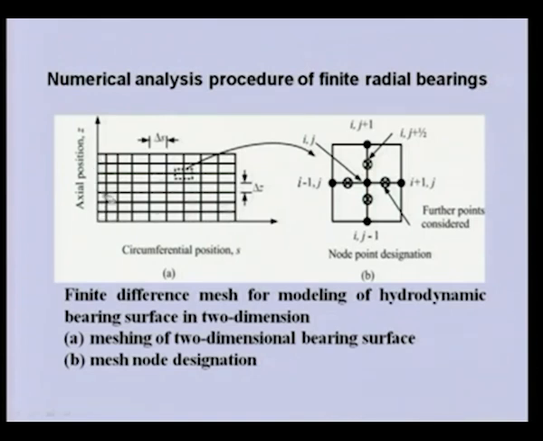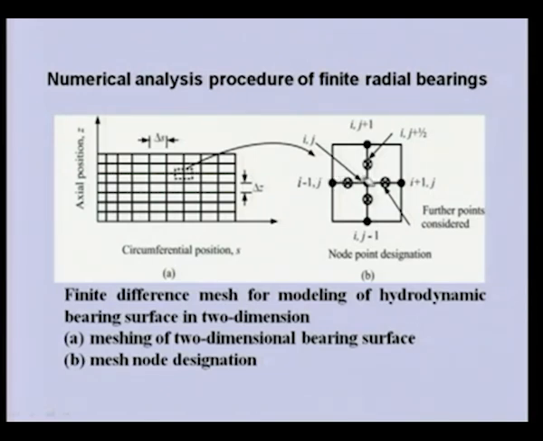So in the finite difference method, we need to make a grid, and we will be seeking the solution at these nodes. If we take one particular node, this is that particular ij node, and the neighboring nodes are i, j plus 1; i, j minus 1; i plus 1, j; and i minus 1, j.